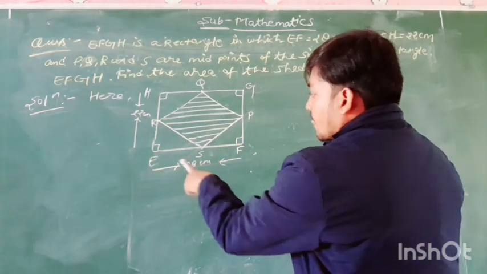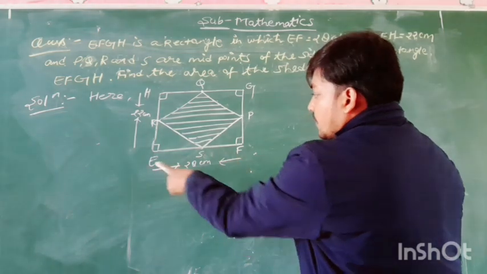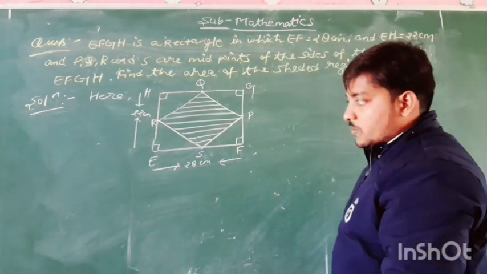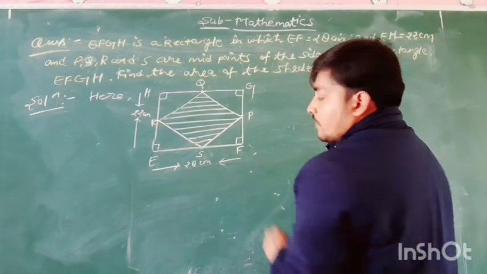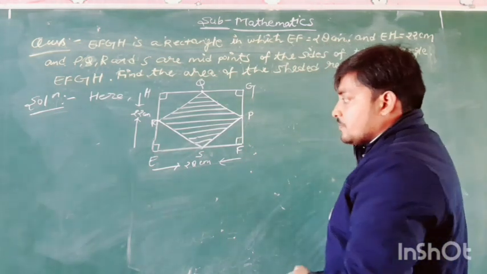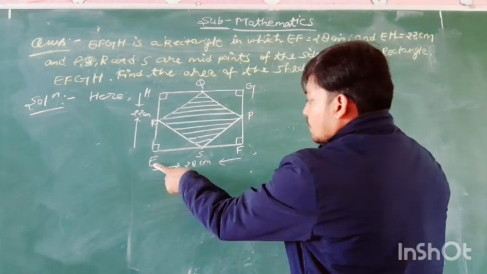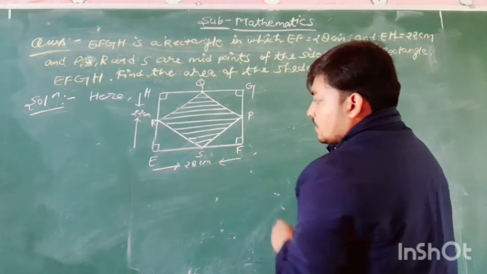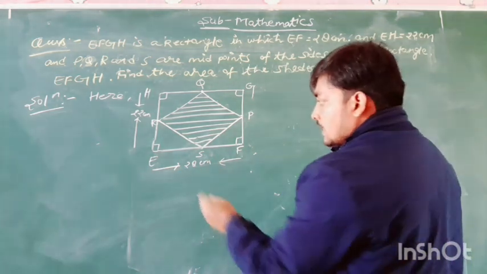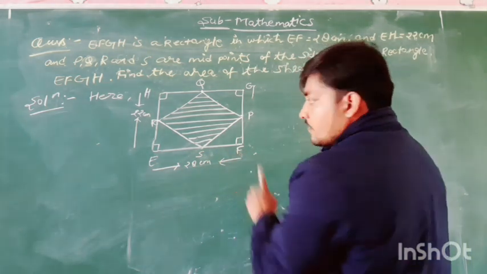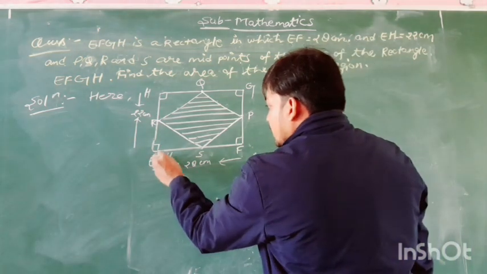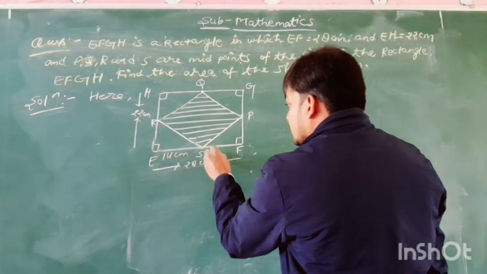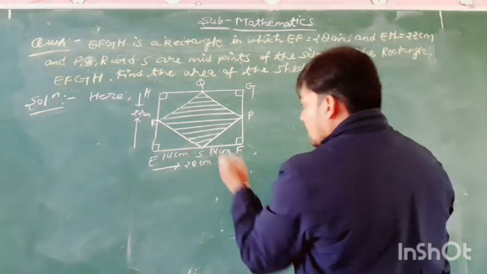Here S is the midpoint of EF. So ES and SF will be equal to each other. So here EF is equal to 28 centimeter. Then ES and SF will be 14 centimeter each.